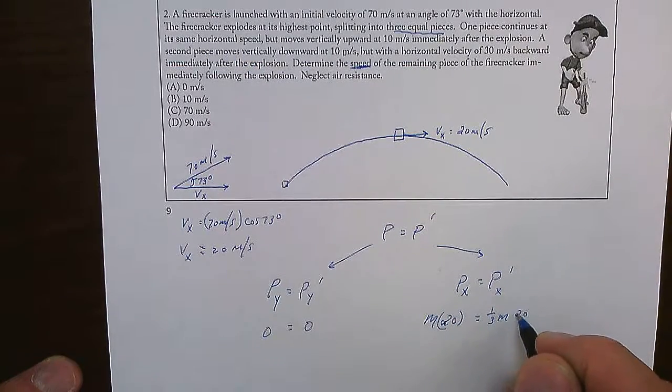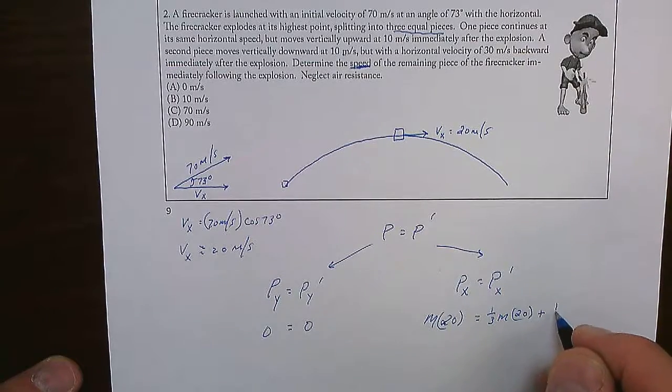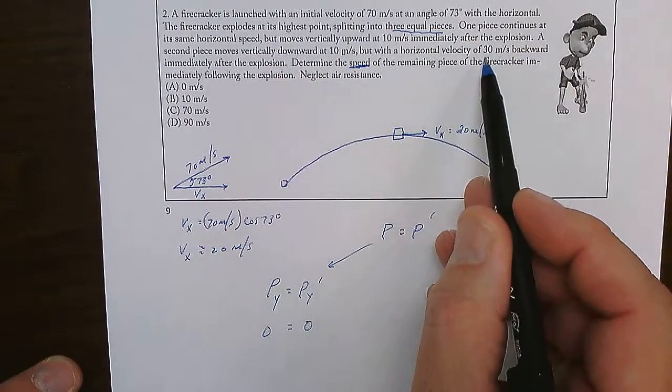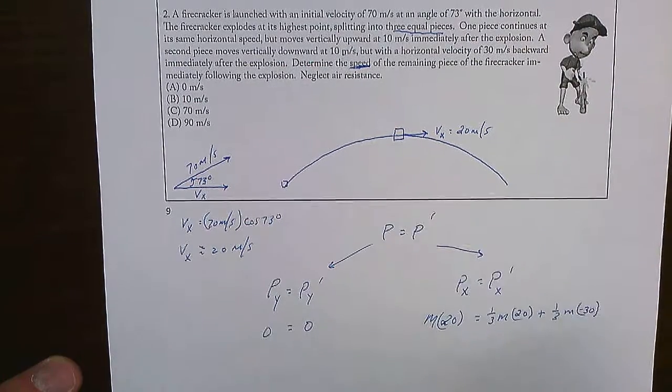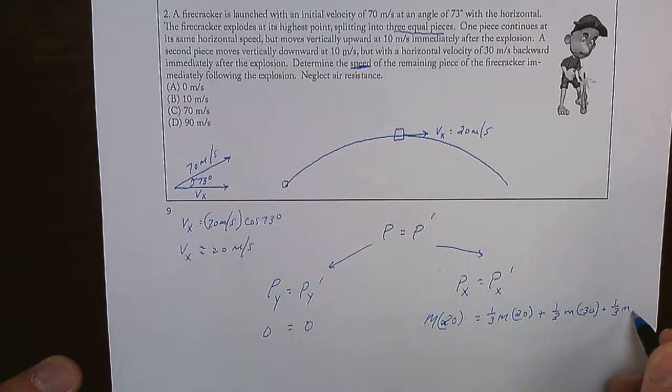So the first particle has that x speed of 20. The second particle has the same mass, 1/3 m, but it's traveling in the opposite horizontal direction at 30 meters per second. So its velocity is -30. And our job is to figure out the speed of the last one. Well, the last one must also have a mass of 1/3 m, and it's got some speed I'm just going to call v prime. Now our job is to figure out v prime.